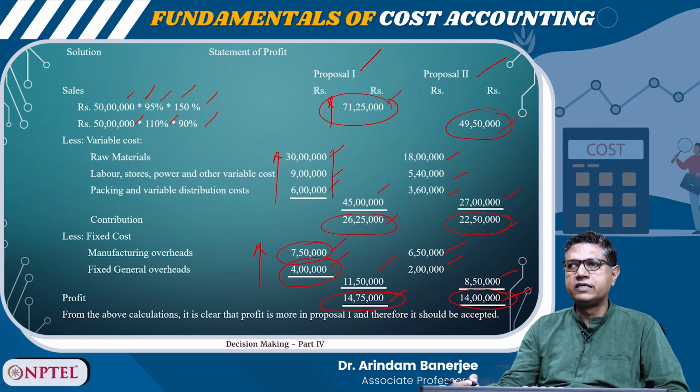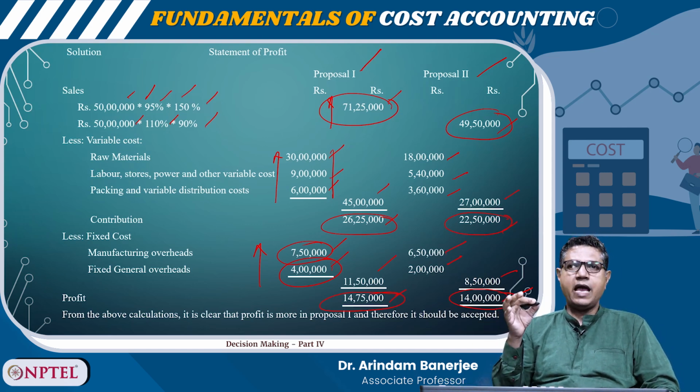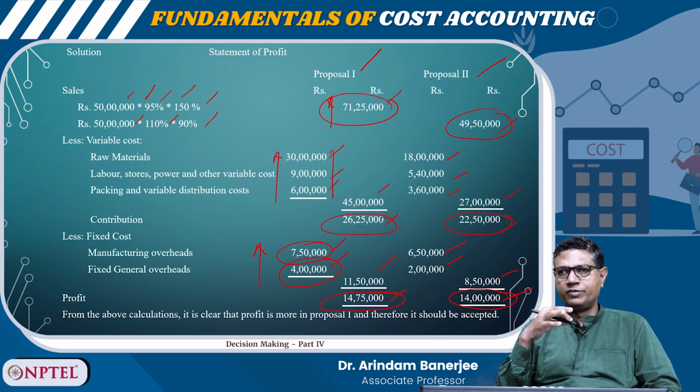So, this profit is actually 14 lakh. Now I can see clearly that in proposal 2, the company is earning less profit compared to proposal 1. So, obviously, on the basis of this calculation alone, it appears that proposal 1 is more profitable.